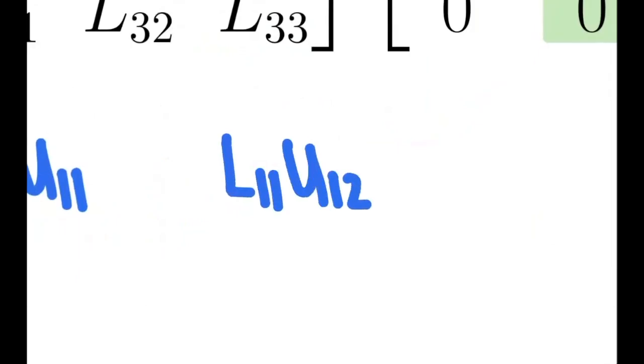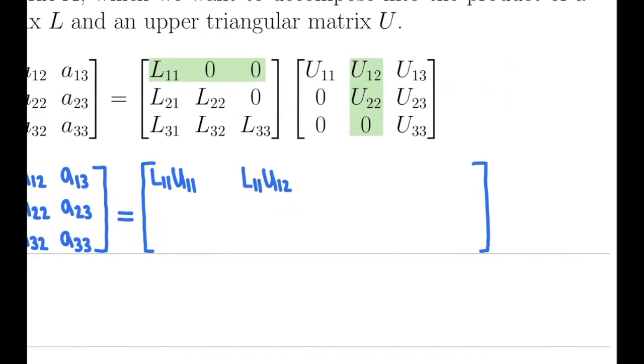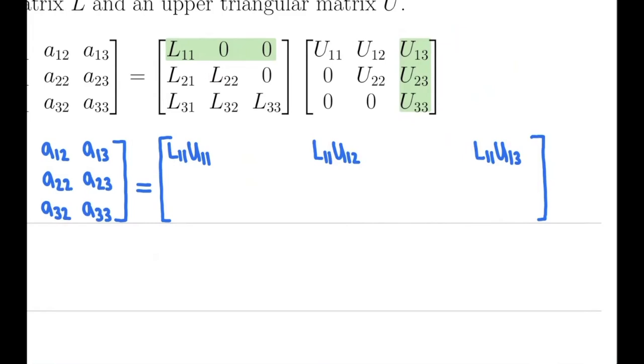This is just a review of matrix multiplication. Now I'm going to move over to the third column. Since there's just zeros for the two entries in the first row, this is just L11 and U13. Now I'm going to take a look at the second row of L and the first column of U. What would this entry be?